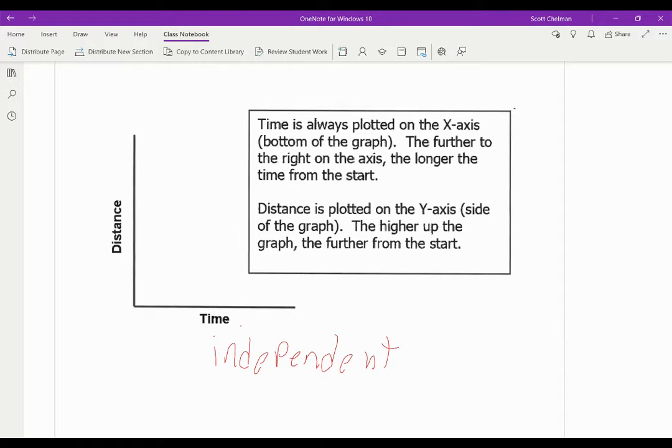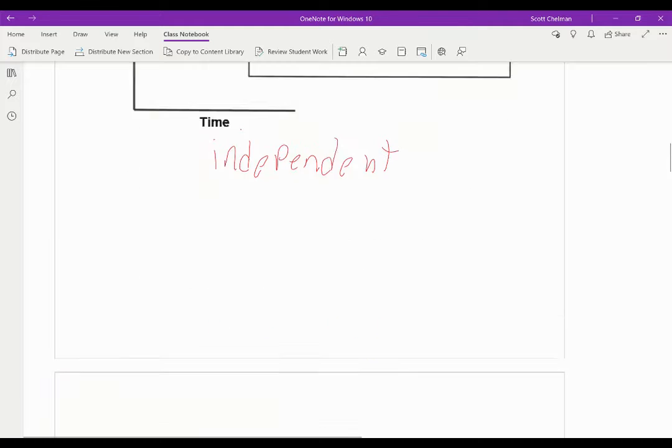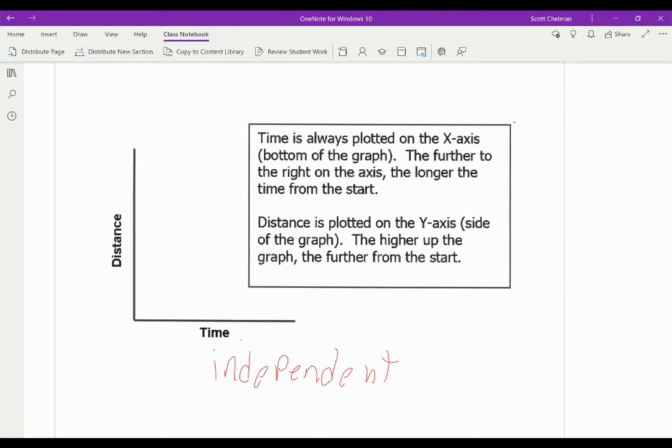Now, another thing to think about here is the origin, right? The 0 time, remember, is not 0 time in an absolute sense. That's just when we start keeping track of time. 0 time would be like the beginning of the universe or whatever.